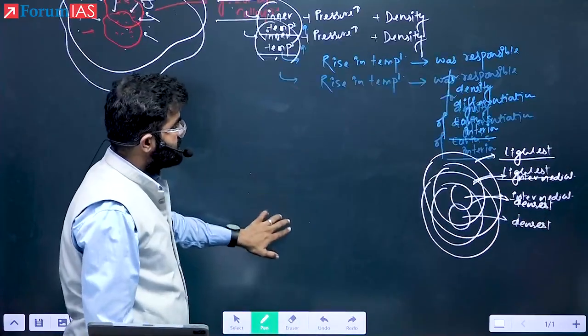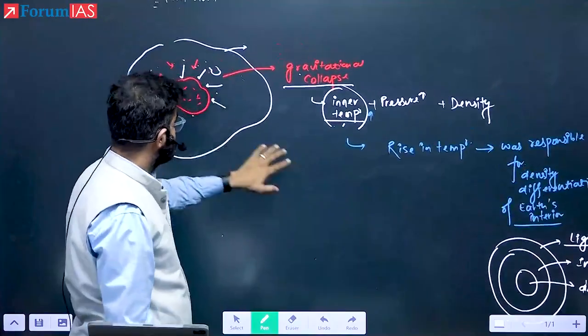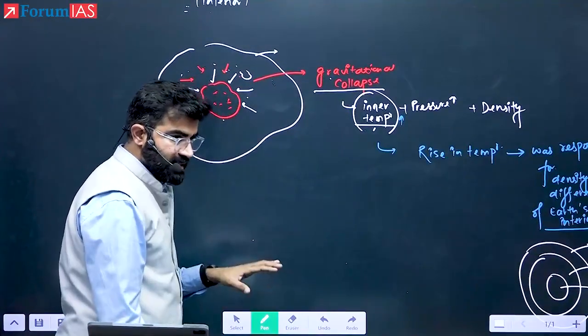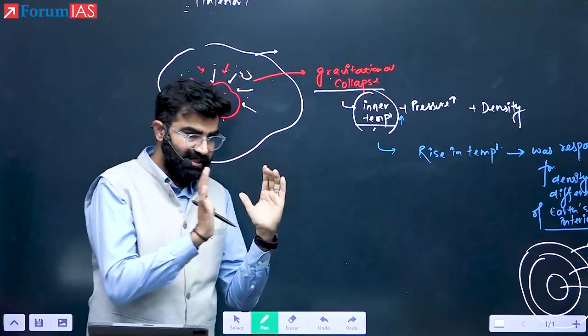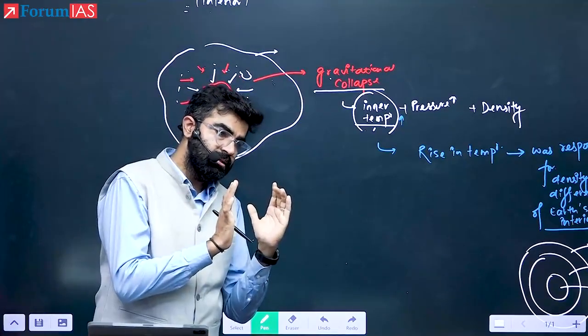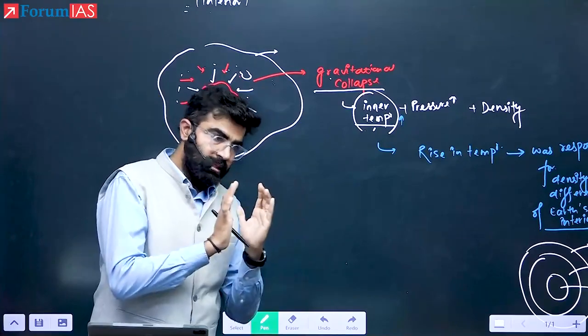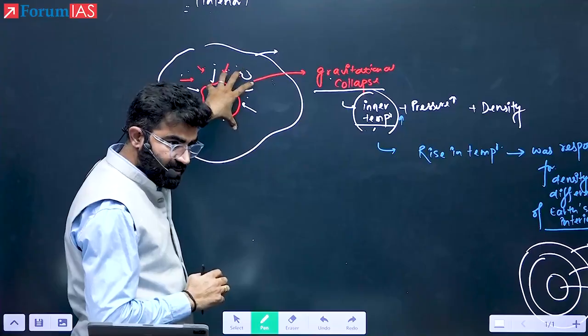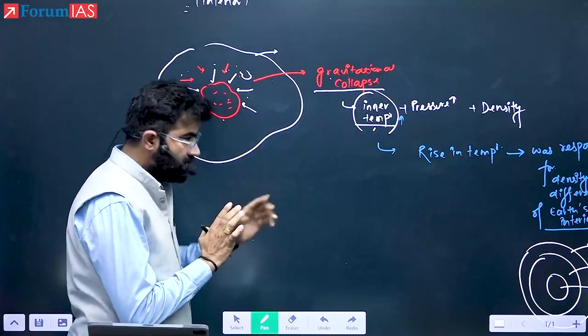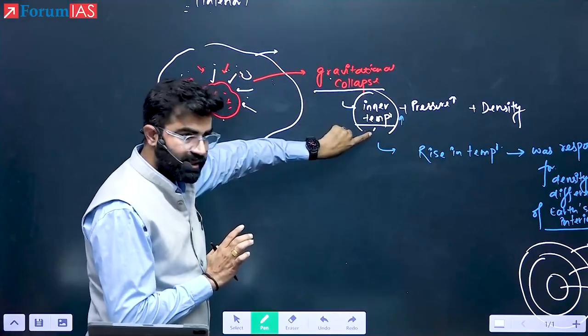It is temperature; it is not related to this density. Now the material is going inside and the compression is increasing. So what will happen to the temperature? The temperature is increasing. Who is responsible for raising this temperature? The denser material which is falling down.